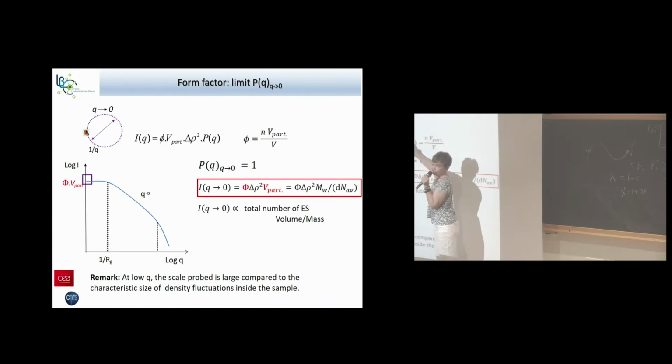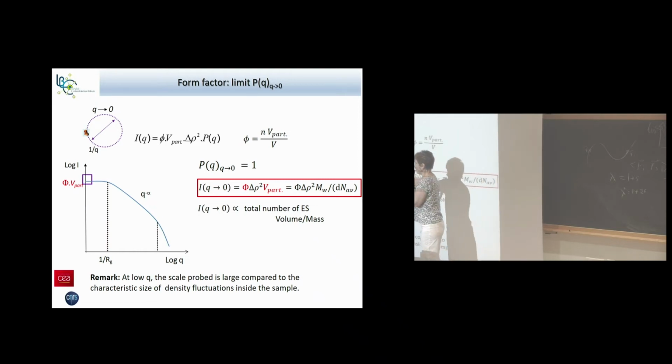The volume fraction is the number of particles times the volume of particles divided by the total volume of the sample. Since the form factor goes to 1, the scattering intensity at 0 Q value is simply the volume fraction, times the contrast that you have calculated before the experiment, because you know what your sample is and what your solvent is, times the volume of the particles.